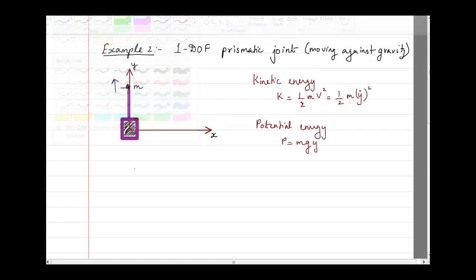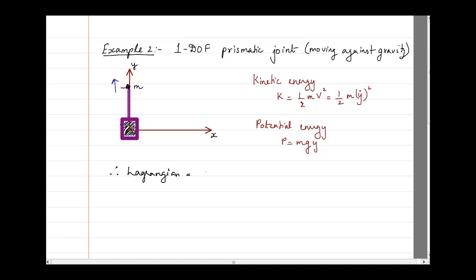Okay, so if this is the case, then next we have to find out the Lagrangian. Therefore, the Lagrangian is basically given as L is equal to K minus P, which is half m y dot square minus mgy.